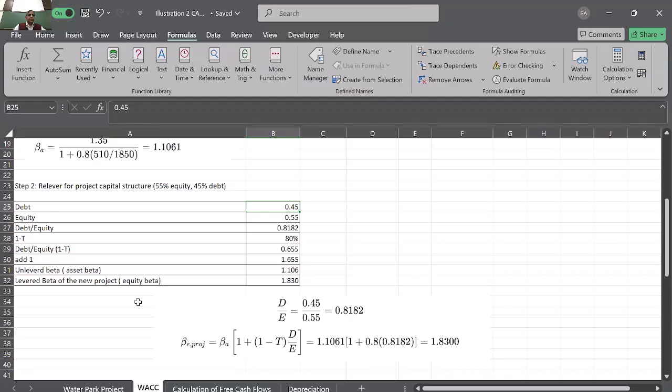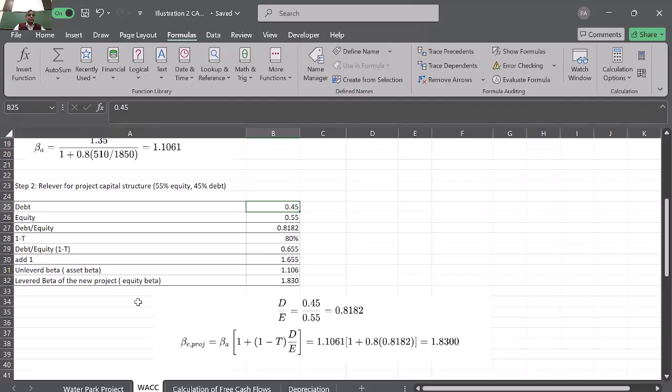What was given to us was the equity beta, which also includes the debt. We exclude the debt component and calculate the water project beta, which is an asset beta. So we removed the debt and calculated the beta, and it came to about 1.1, or 1.08.